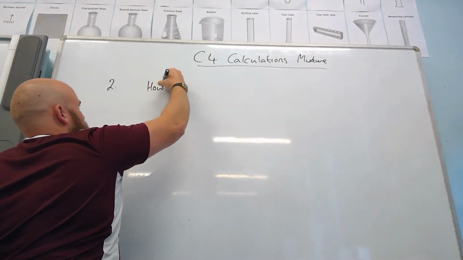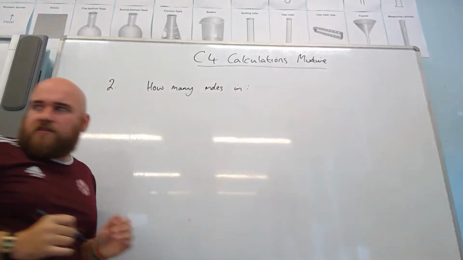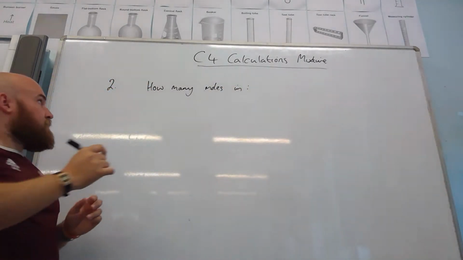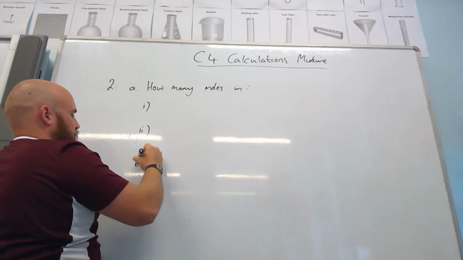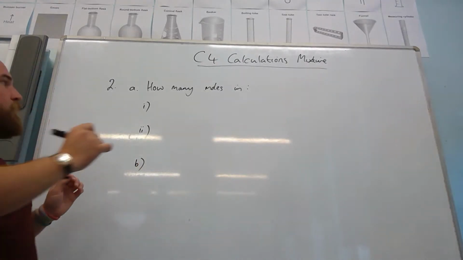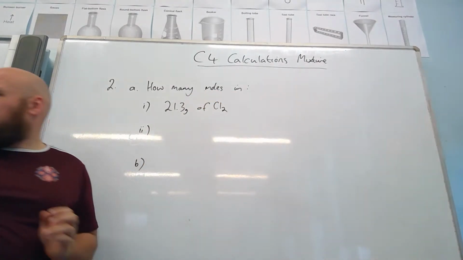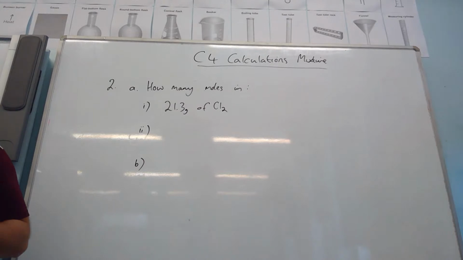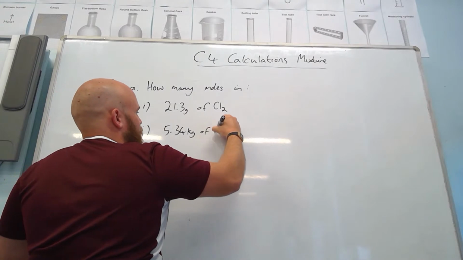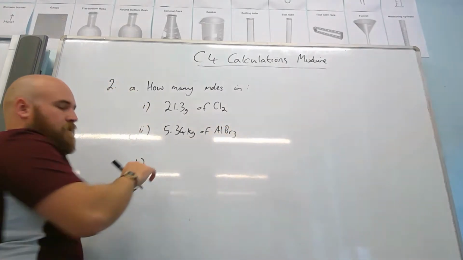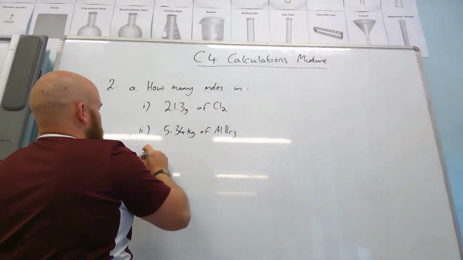We've got 3 different things to look at. 2A: I is 21.3 grams of Cl2. II is 5.34 kilograms of AlBr3. And the final one, B, is the mass of 0.25 moles of sulfur dioxide.